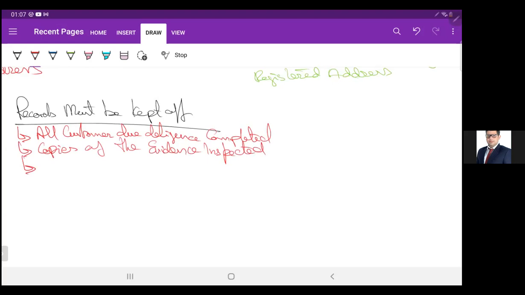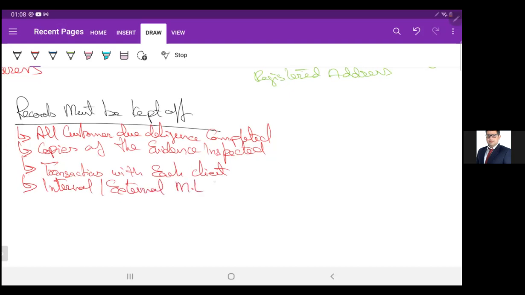Three, transactions with each client. Four, internal or external money laundering suspicious activity reports.